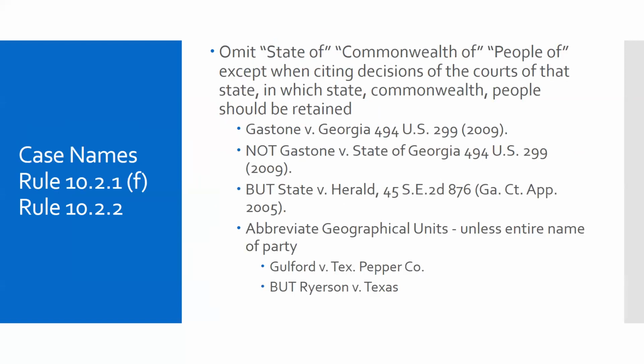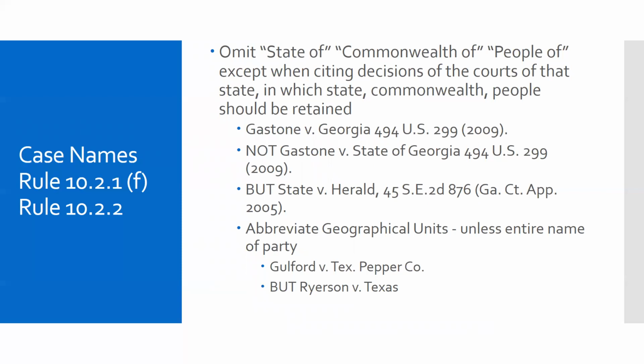One of the tricky things is that Bluebook Rule 10.2.1(f) requires us to eliminate state of, commonwealth of, and people of, except when we're citing decisions of courts within that state. And so this is better explained through examples. So here we have Gaston versus Georgia, and this is in the U.S. Reports.